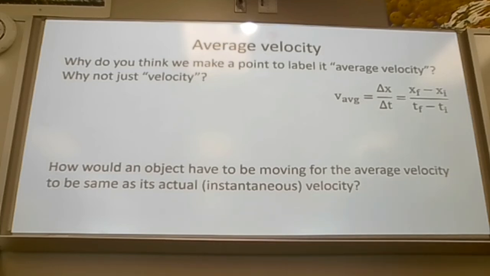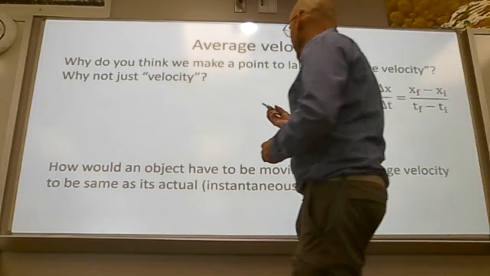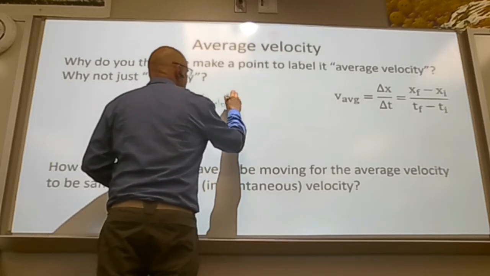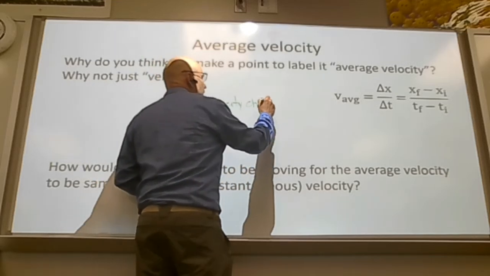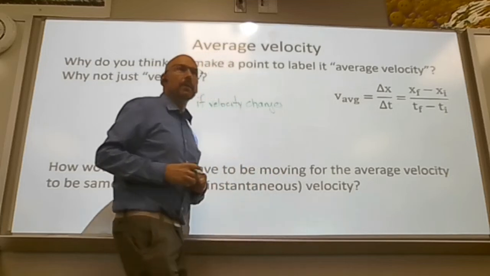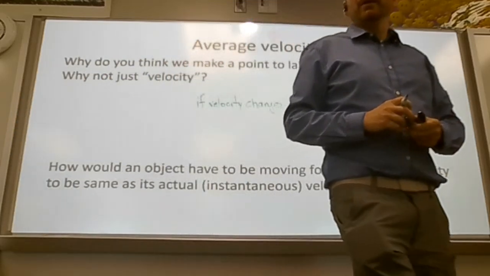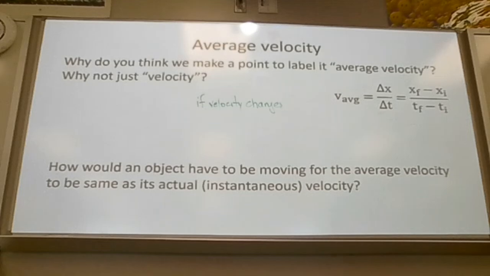Okay. What could happen in a trip? You could slow down, speed up, pass somebody, hit a stop sign. So if velocity changes, when could I use this equation and find my actual velocity?